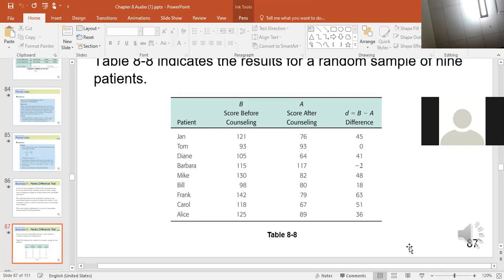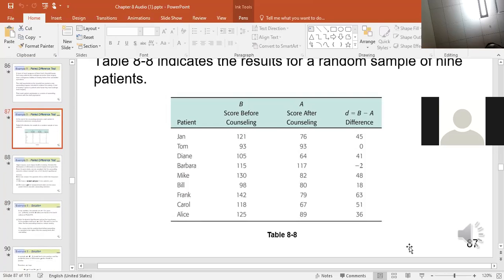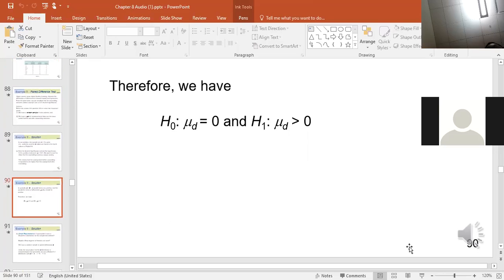And then you will choose your results to come maybe on the same sheet, or the next one, or a new one. So if you want it on the same sheet, just choose where you want it to go. You will see that mu d equal to 0, or mu d is greater than 0.